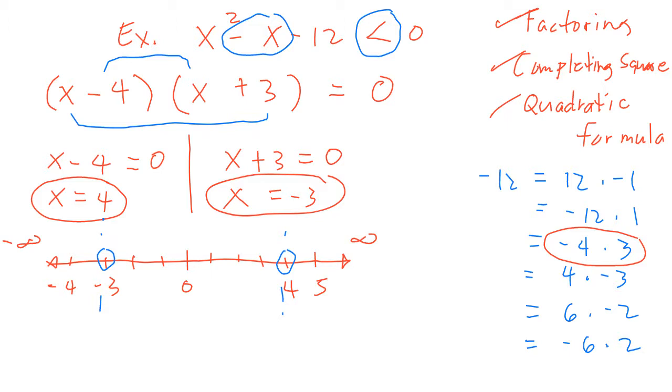So on the left of -3, that's region A. Region B is at the middle with 0. And on the right of 4, that would be our region C. And from there, we have to test the value, so we will know which of those would be the solution.